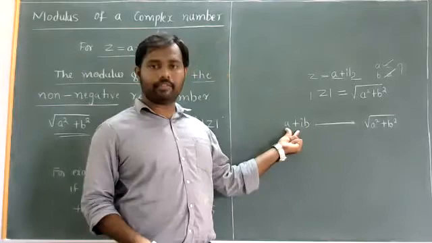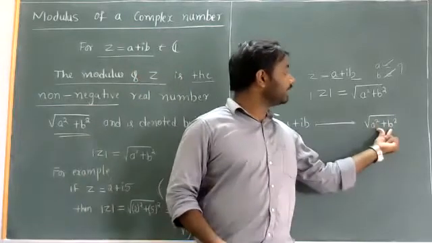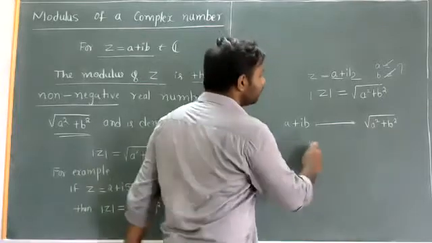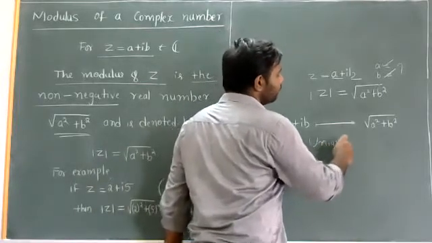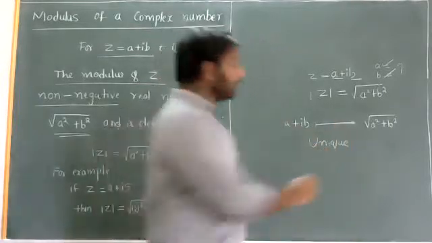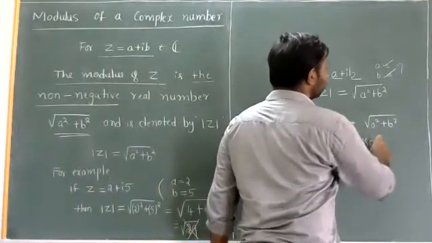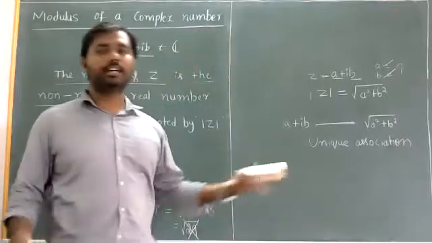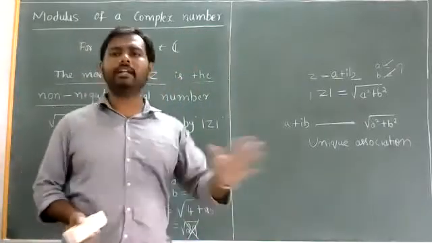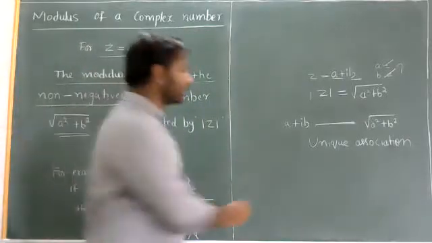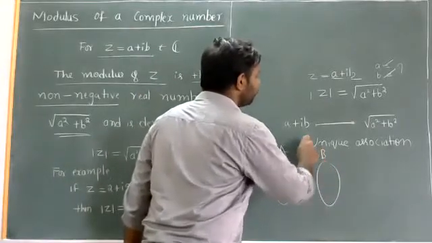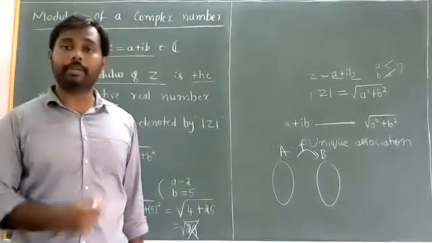So every complex number is associated with a unique real number. And whenever you come across the word unique association, there comes the concept of function. Function is nothing but unique association. You know that. Function means, if you have two sets A and B, and you have to define a function from A to B, what you have to do?